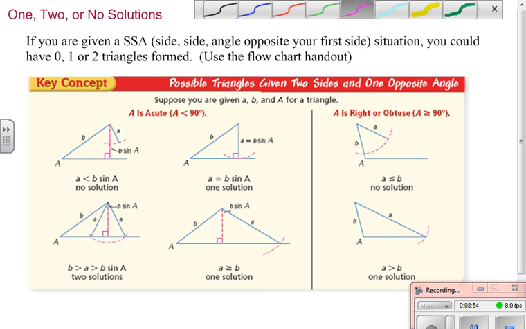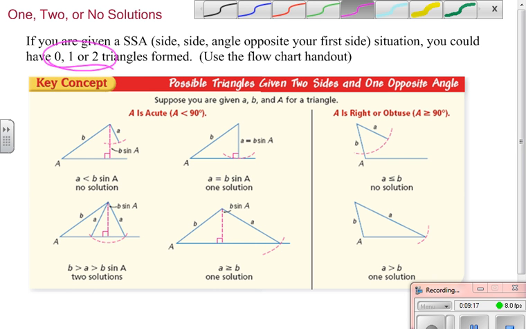Now, we said in geometry that side-side-angle, or a potty word as I usually called it, could never be used to prove triangles congruent. And the reason it can't be used to prove triangles congruent is because of this chart right here. Three different things can happen. You can actually have 0, 1, or 2 triangles being formed.